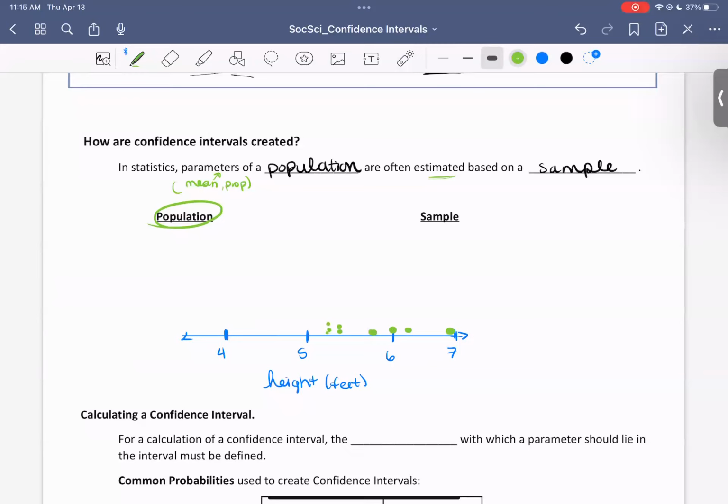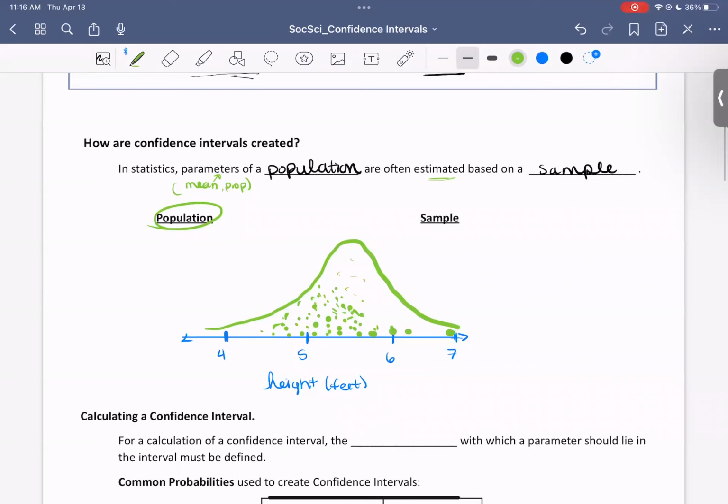So here I'm at 5'3", so maybe I'm there. So where would you be on this height chart? Okay, and if we did this enough, we'd get a whole distribution of our entire population. So that distribution would probably look something like this.